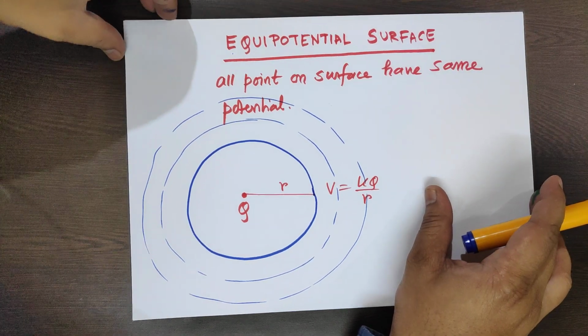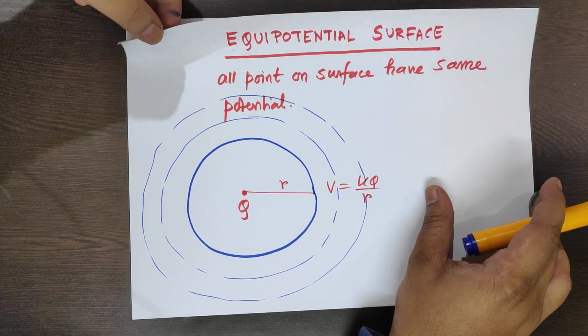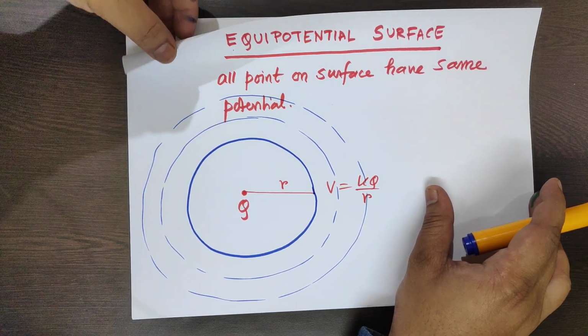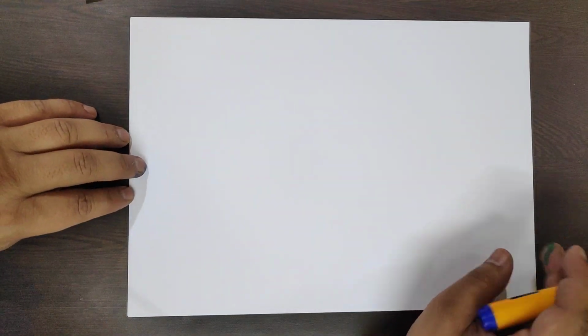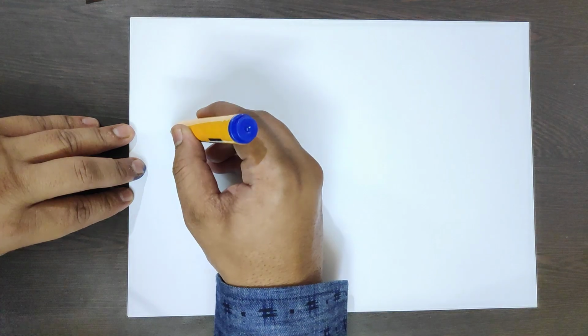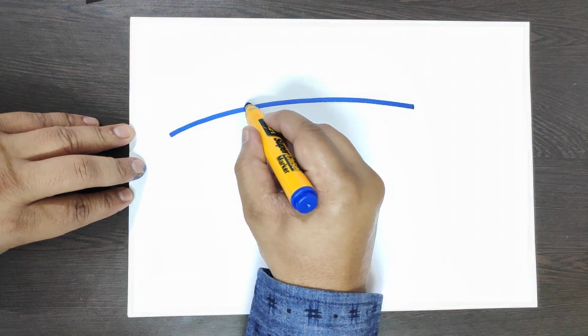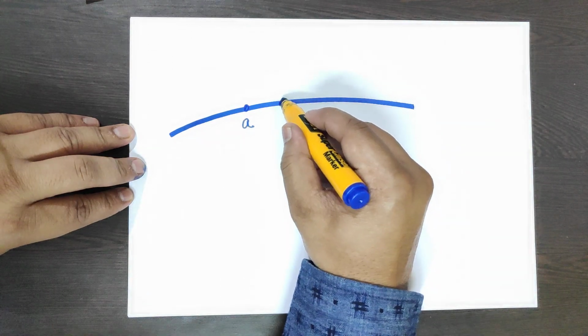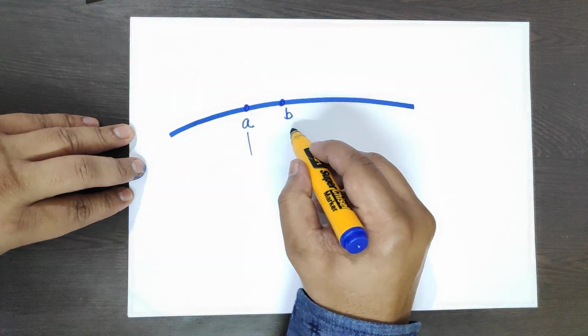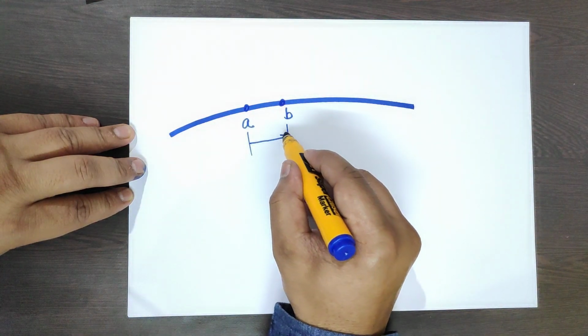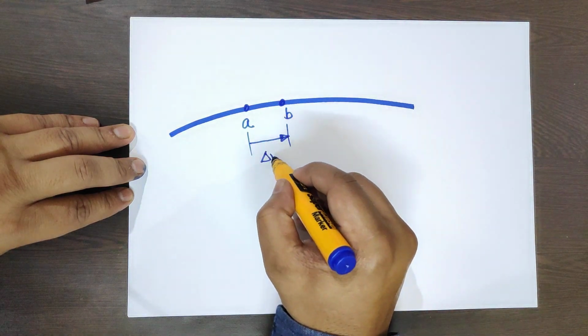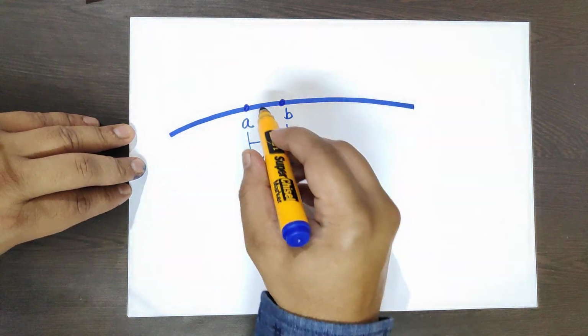Now, what is the relation between the electric field and the equipotential surface? Suppose you consider a two-dimensional diagram of the surface. This is on the surface, and say this is point A and point B, very close points on the surface, so that the distance is only delta r, denoted by the vector.